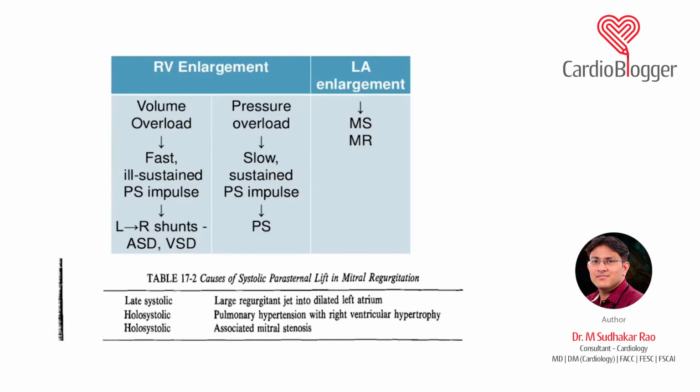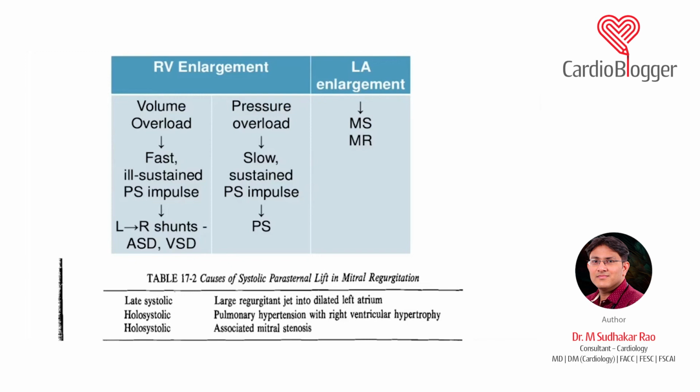Now, how do you differentiate a lift and a heave? There are three important differences. The first and most important difference is that a heave is usually well sustained, whereas a lift is usually ill sustained. Second, a heave is localized to the left sternal border, whereas a lift is usually diffuse.